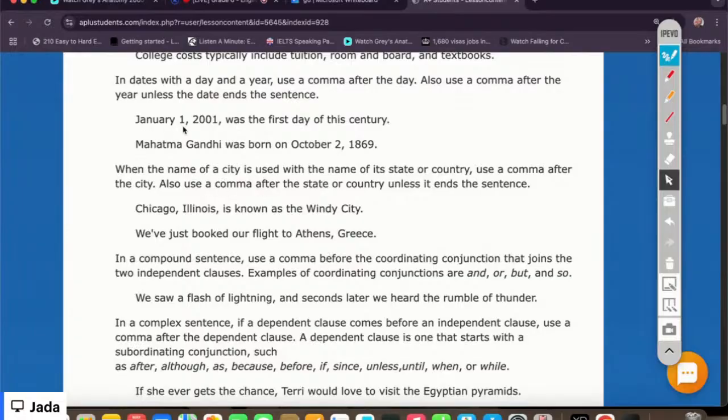So just like January 1, 2001. So you can see that there's more sentence after this. Okay, so that's why the comma was added. But unlike October 2, 1869, it's ending the sentence, so you don't need to put a comma after the year.